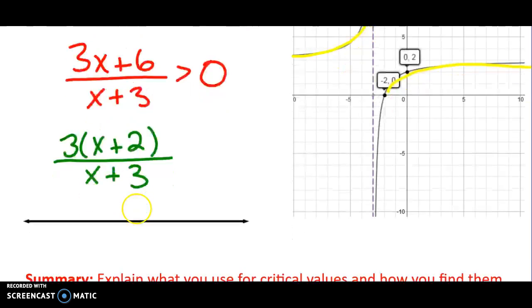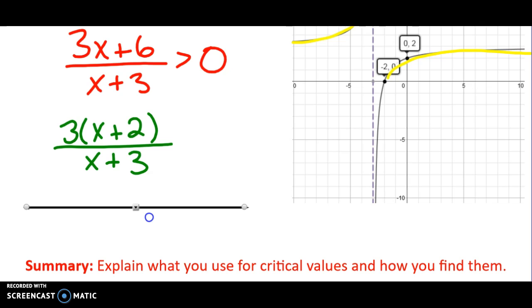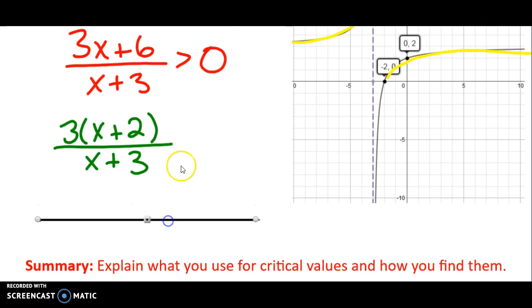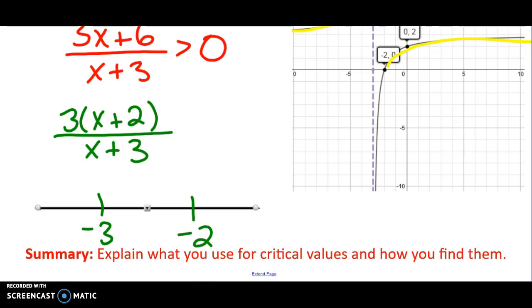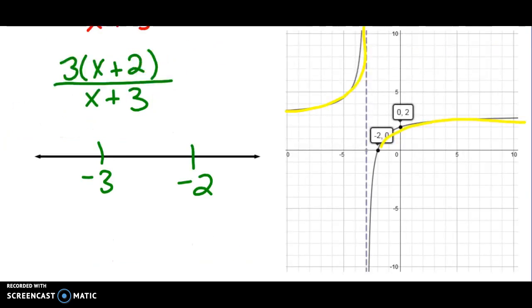So our critical values lie at negative 2 and negative 3. And we're going to put those on the number line, and then we come up with our signs. So we have left of negative 3. So we're going to find the signs here.